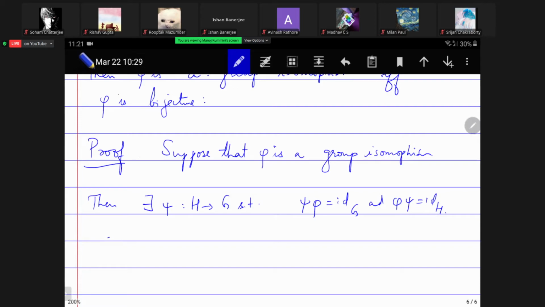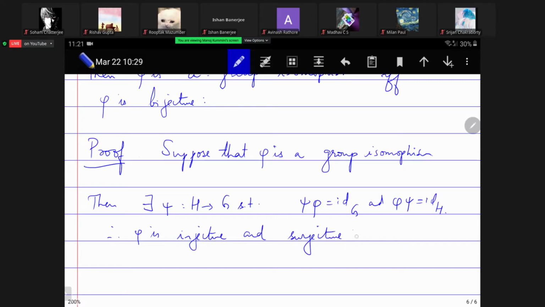The first condition says that phi is injective, and the second condition says that phi is surjective. That is, a composite being injective means the first function is injective, and a composite being surjective means the second function is surjective.